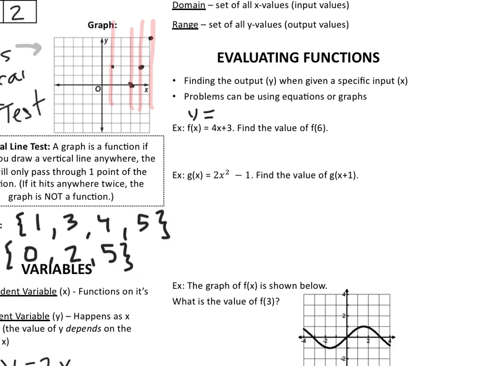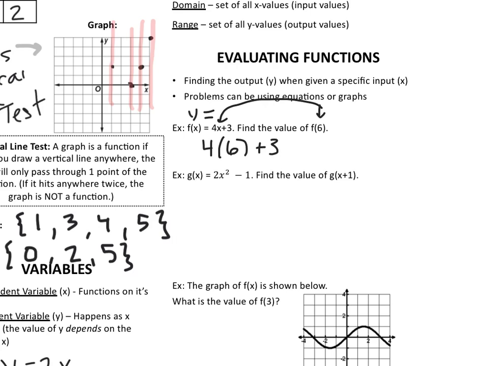So f of x equals 4x plus 3. Find the value of f of 6. So this right here is saying I want to evaluate this function. I want to find the output y when x is 6. So we're going to take that 6 and we're going to drop that in wherever you see an x. So you're going to do 4 times 6 plus 3.